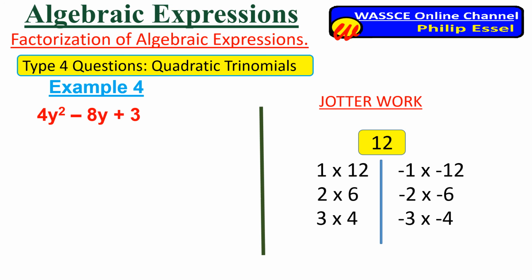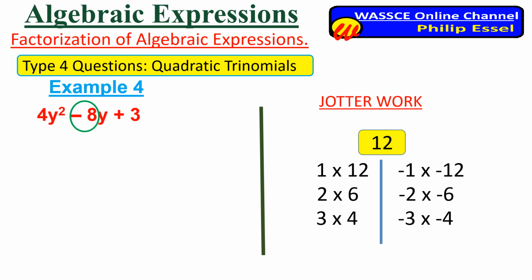Now, from the expression given to us, the coefficient of our variable y is negative 8. So we would go back to the pairs and find out which of them would give us negative 8 when we add them together.